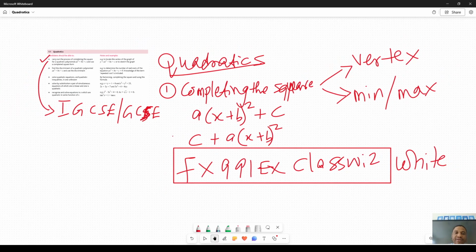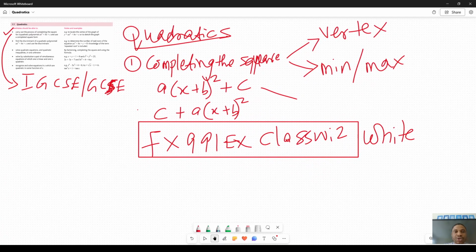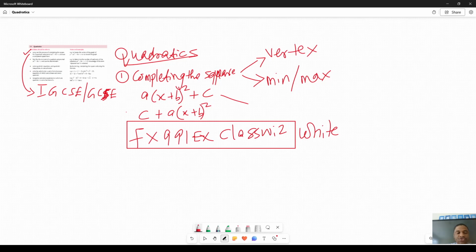Now, let's say you want to complete the square for 2x squared plus 6x plus 13. In your exam, you don't need to show your working for completing the square, and you get your 3 marks depending on how the question comes.